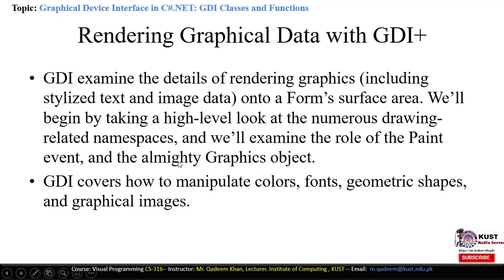Now GDI covers how to manipulate colors, fonts, geometrical shapes and graphical images onto the form. So we can use the color classes, then the font classes and geometrical shapes classes like line class, curve class, rectangle class, or any other class, and also the graphical images, and all these components can be drawn on the form surface.